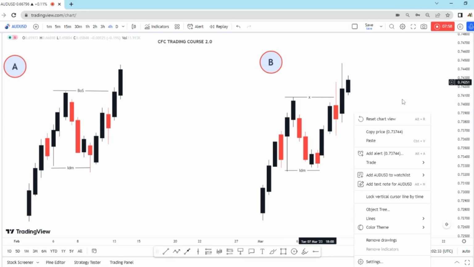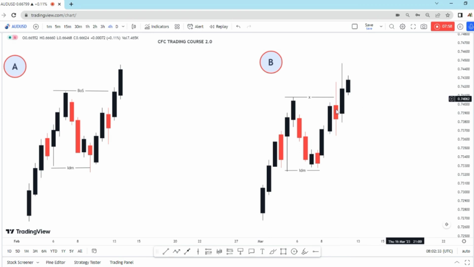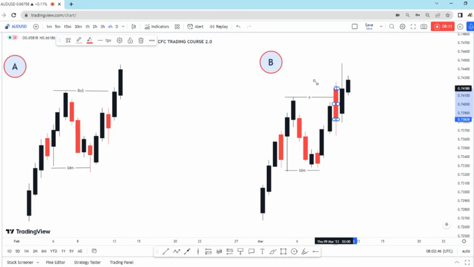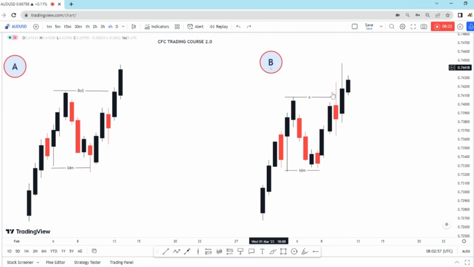Why? Because the candlestick didn't close above this particular place. Assuming the candlestick closes above the high like this, then it will be a valid break of structure. But in this case, price didn't close above it. Price swept liquidity above here and then closed inside.